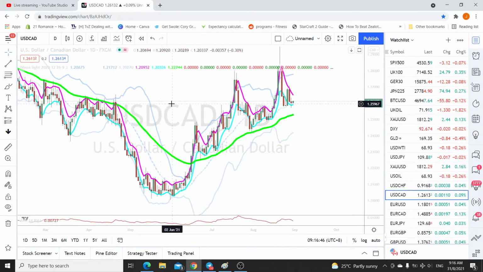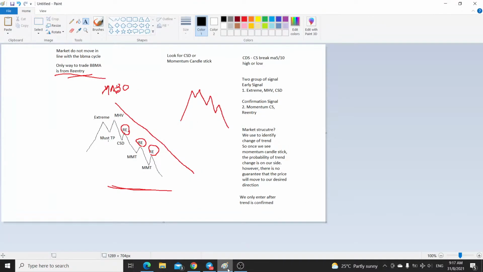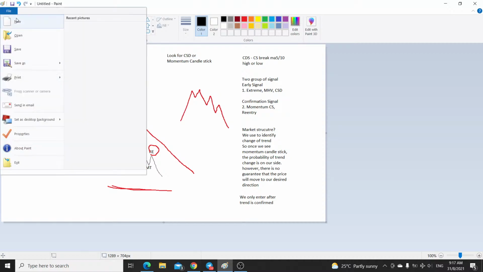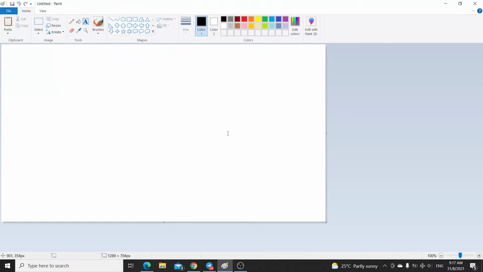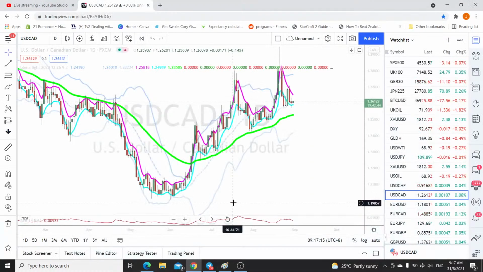Okay, so see this? This is your moving average 50. Once price breaks this, you don't see the structure here, right? You see price, and you don't remember to take note here. I'm going to start a new one. Let me see. Okay. You see the wall.